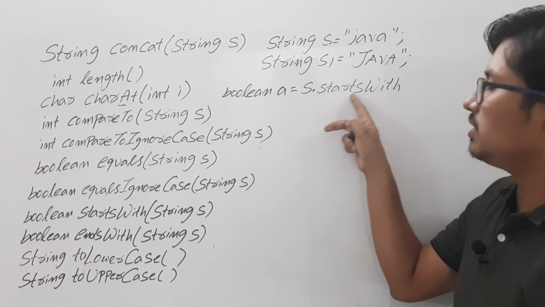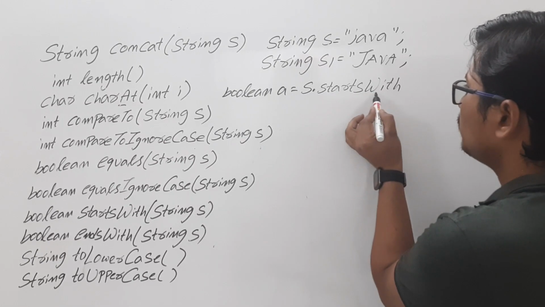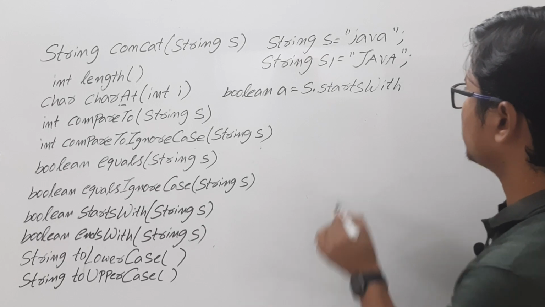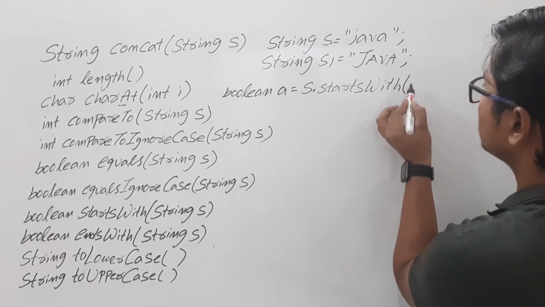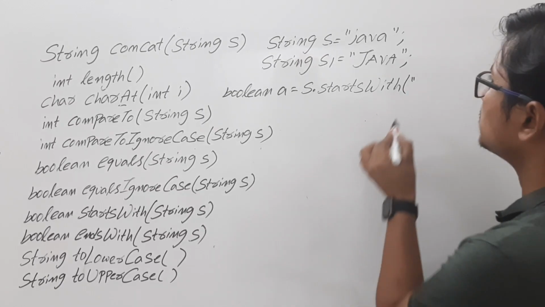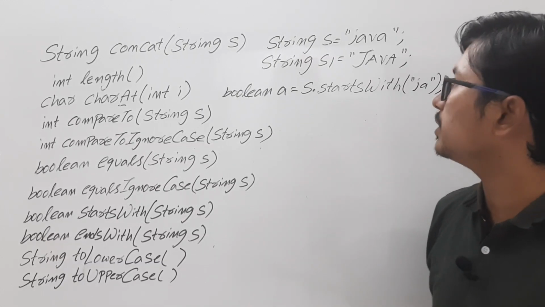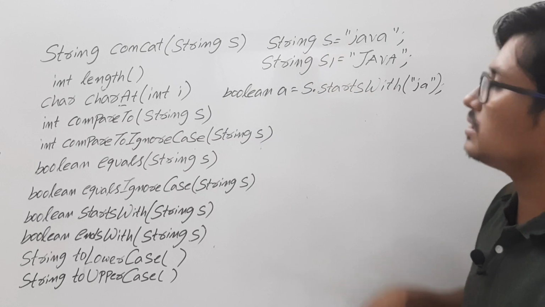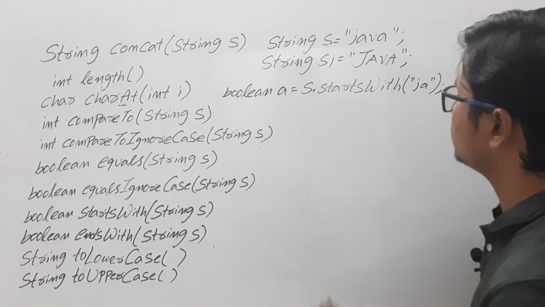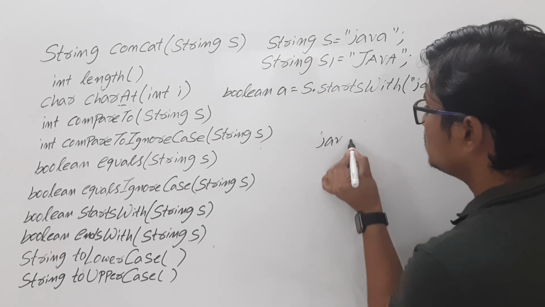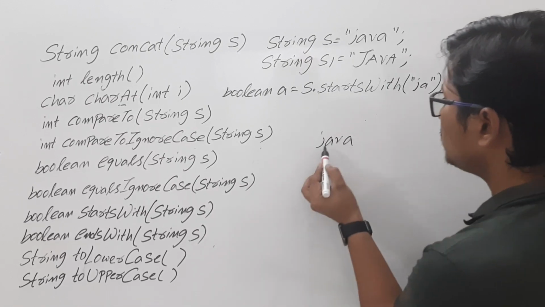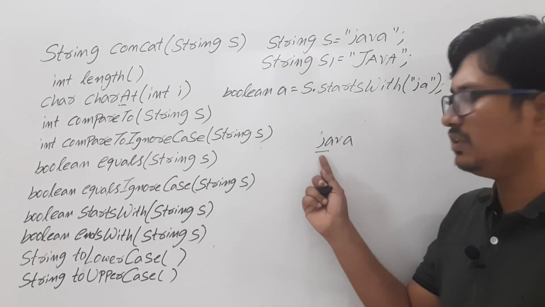So everything in starts is in lowercase, in With the first W will be in uppercase. And if I write here some string, I am writing Ja. Then look at here. What is the string in the variable? Yes, Java is there. Is Java starting with Ja? Yes, it is starting with Ja.